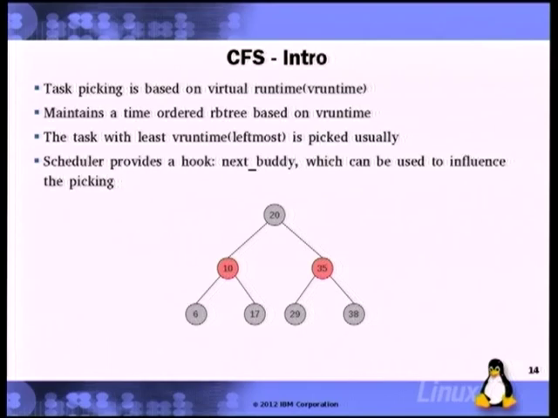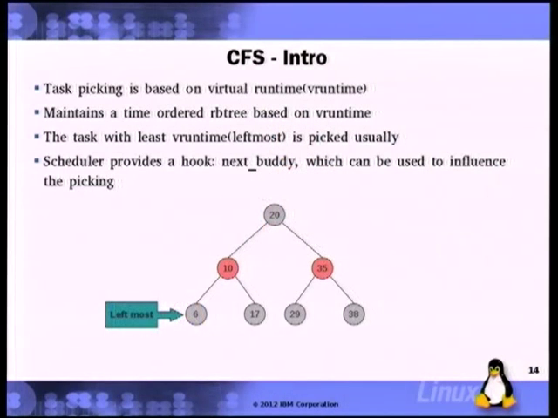How is this achieved? It is achieved by something called virtual runtime. If I have 1 second worth of time, then each task should ideally have run 250 milliseconds. That's what it tries to achieve, and this is done using a time-ordered red-black tree that we see on the slide, which is keyed on the vruntime.